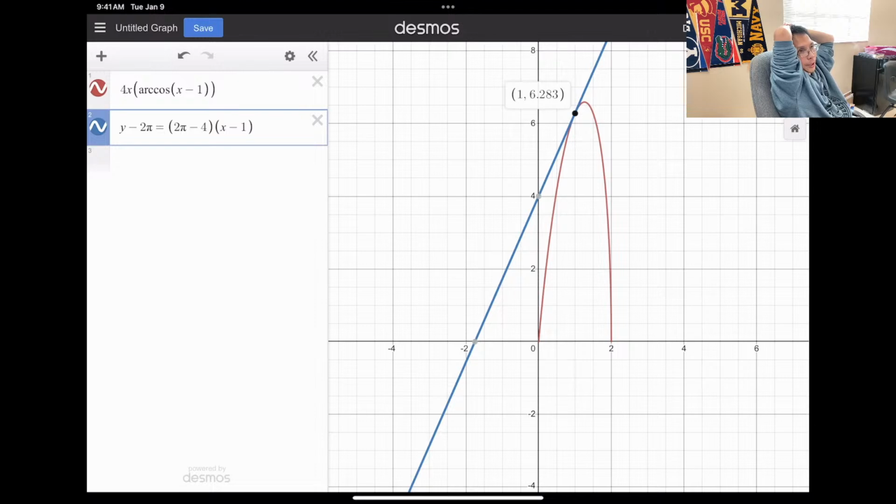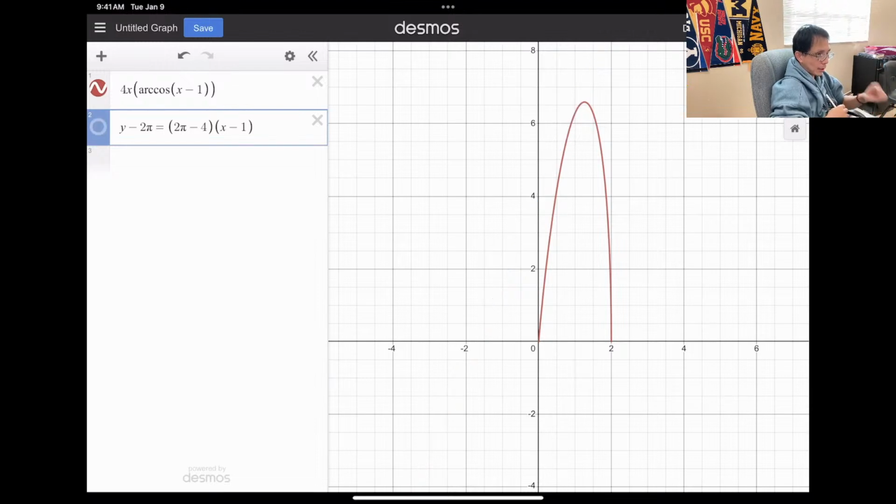Any questions? Wait, so then what do the coordinates represent? Like how the coordinate is this point right here, 1 and 2 pi. 2 pi is 6.28. This is a very good question.